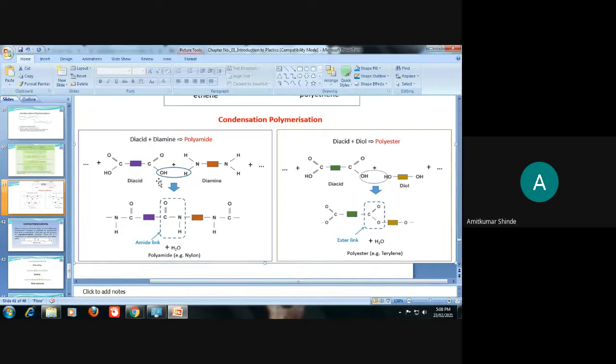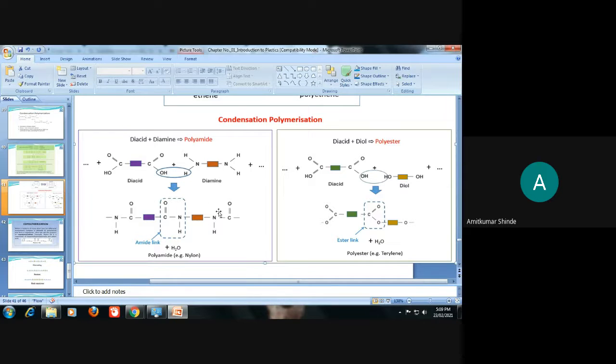This is the structure of the diacid. This OH is the functional group, and it is eliminated by this diamine, and it will form water, and these two will form a chain. This carbon will get attached to this nitrogen, and they will form a single, longer chain.